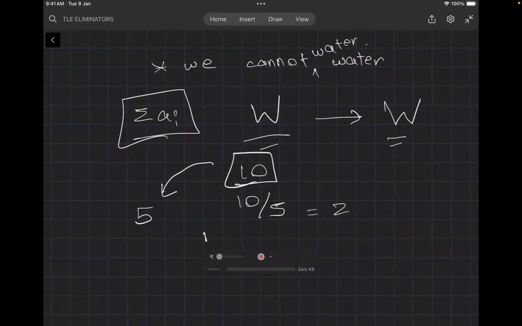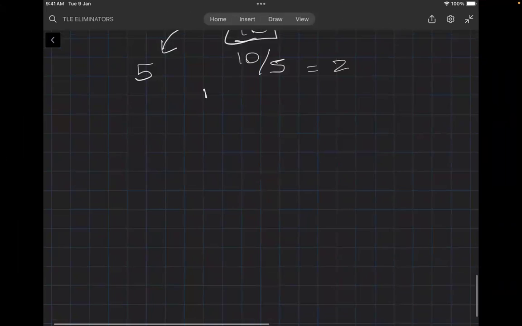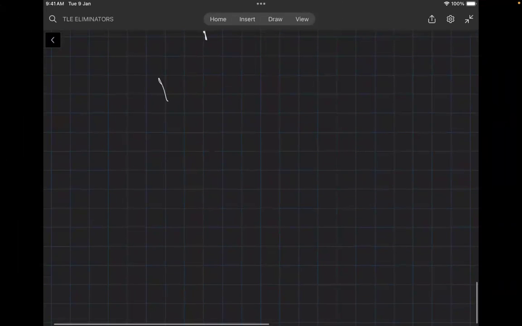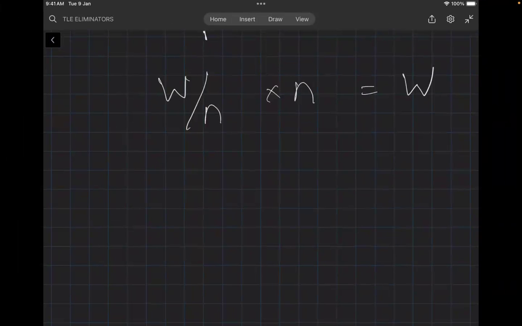Why can it not be anything else? We will distribute the water equally. We will not waste it. But why should it be W by N only? Why not any other? Because W by N into N is W. If each person gets W by N and there are N people, the water remains the same.